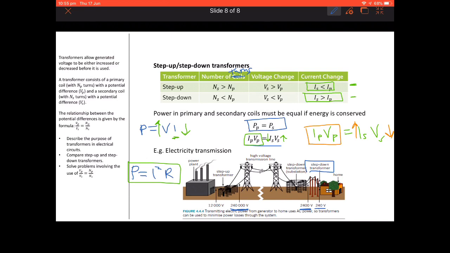I think voltages tend to vary around 220 to 240 around the world, but there are some countries that use 110. I think Mexico uses 127, so it does vary depending on the country that you go to.